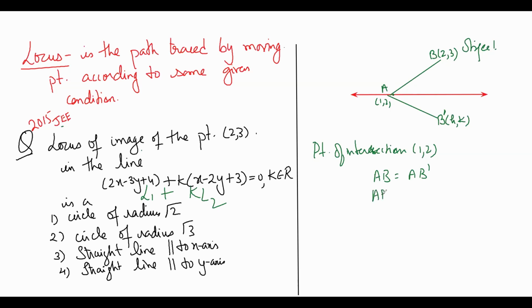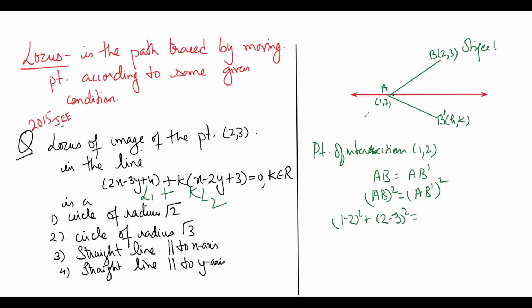Just do the squaring so that you eliminate the roots. You get AB square is equal to AB dash square, and now just apply the distance formula: (1 minus 2) whole square plus (2 minus 3) whole square.